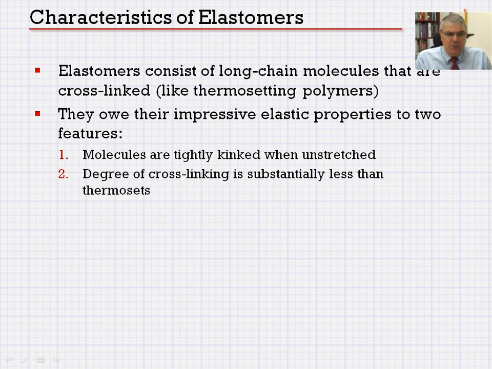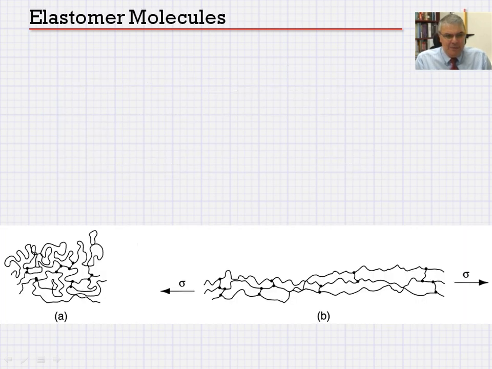There are two features associated with this type of elastic behavior. Molecules are tightly kinked when they're not stretched, and the degree of cross-linking is less than in thermosets, by a substantial amount.